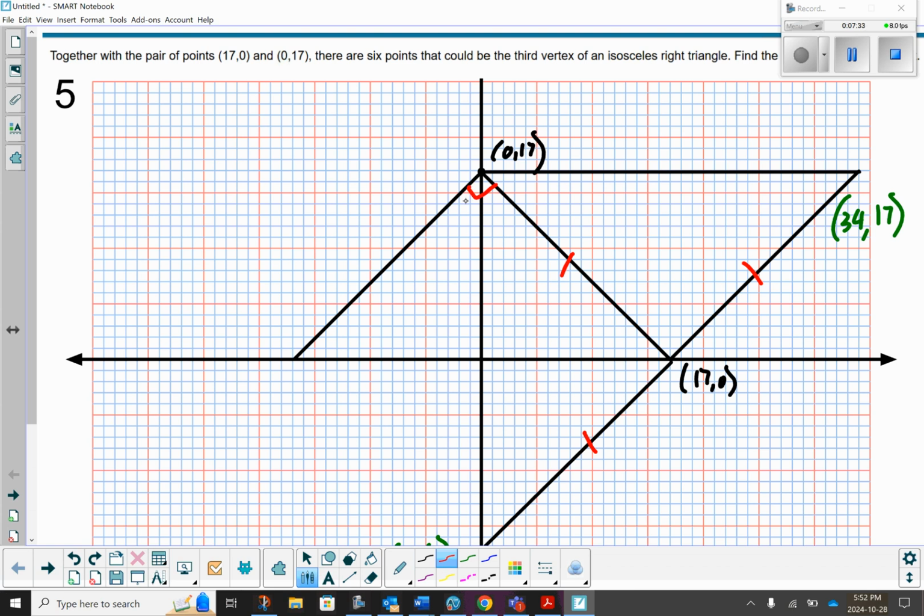That segment I've just created is congruent to the given one. There's our right angle. So here's an isosceles right triangle where this vertex is at (-17, 0).